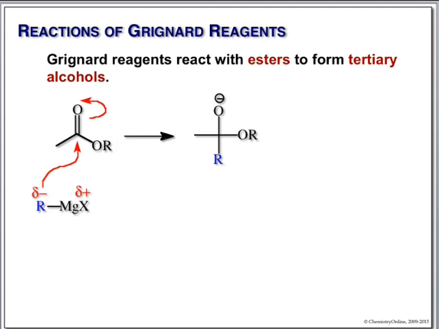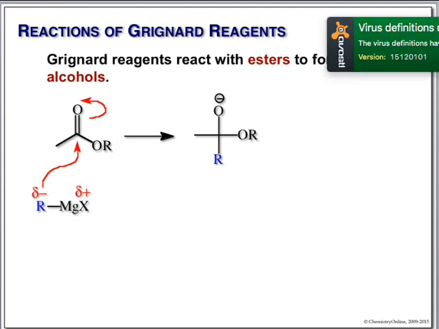We've added a carbanion here and made the alkoxide, but because this anion is by itself, it can collapse and kick out the alkoxy group as RO minus. And what have we just made? Well, we made a ketone.